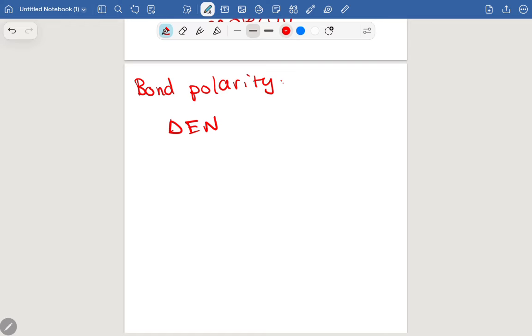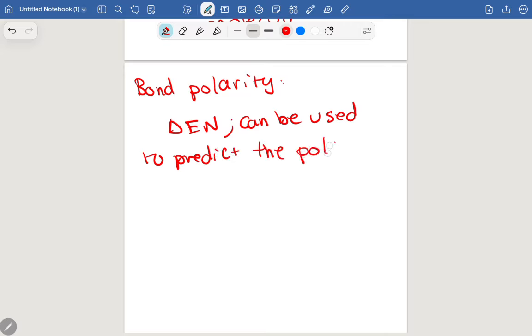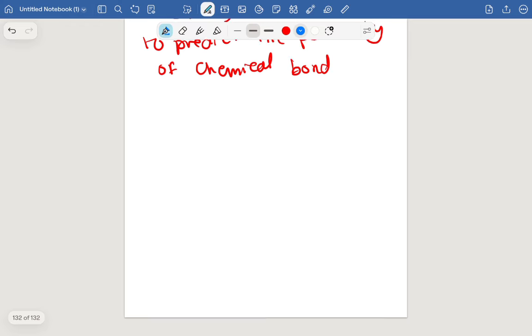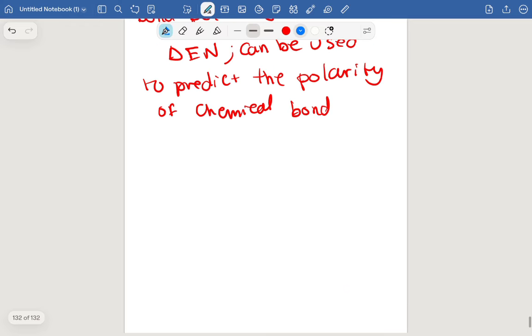It can be used to predict the polarity of the chemical bond. Also, from the bond polarity, we can determine if it's ionic, polar covalent, or non-polar covalent, very simply by the delta EN.